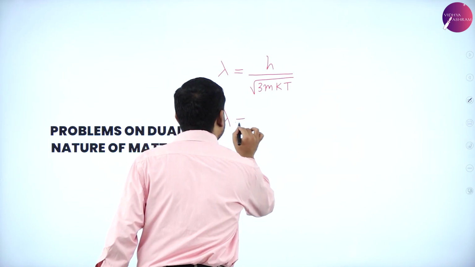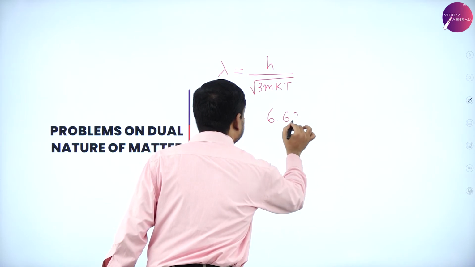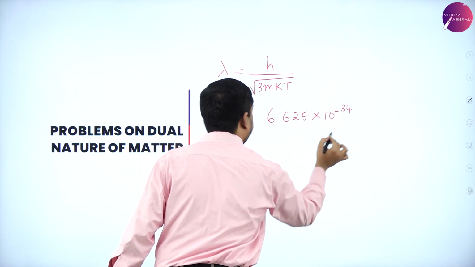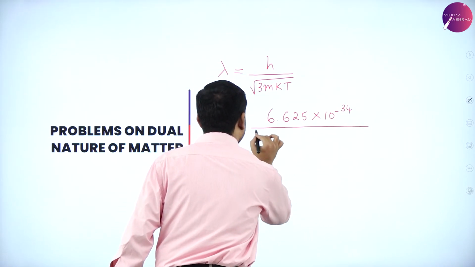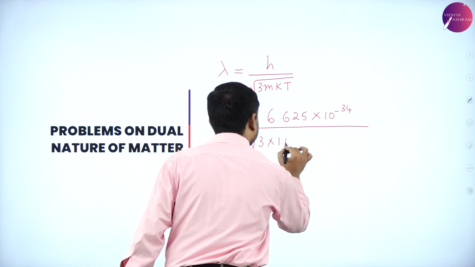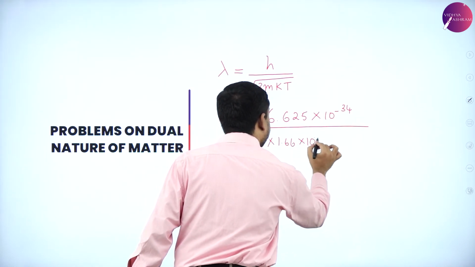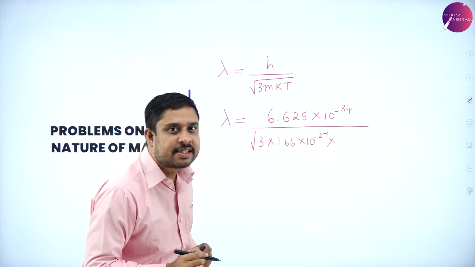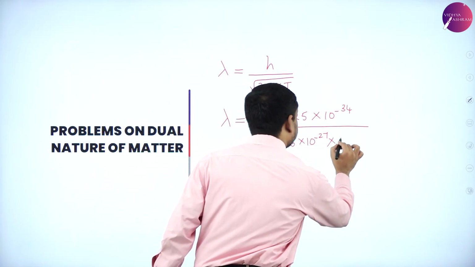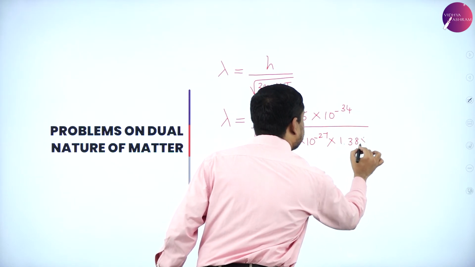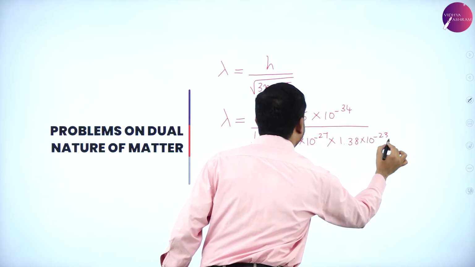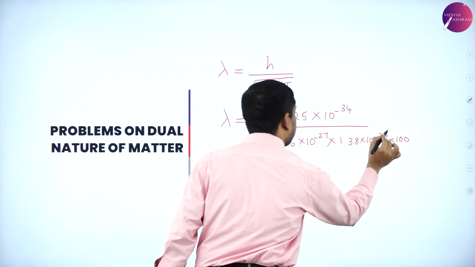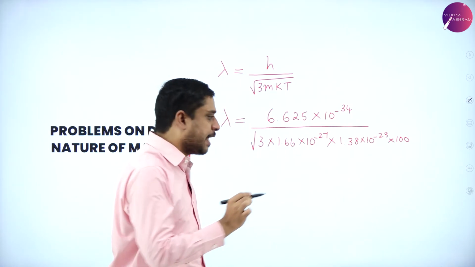Therefore, on substitution again, 6.625 into 10 power minus 34 divided by root of 3 into the mass of the neutron, 1.67 into 10 power minus 27. Do you all remember the value of Boltzmann constant? Very simple, 1.38 into 10 power minus 23, into 27 degrees Celsius, 27 plus 273, 300 Kelvin.